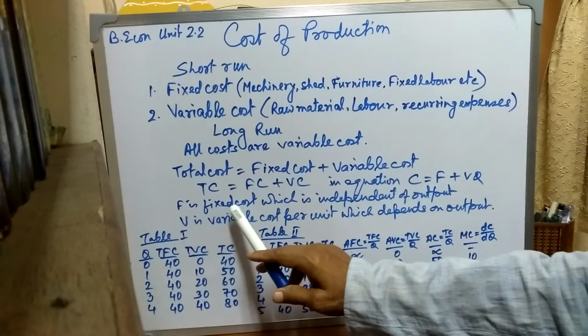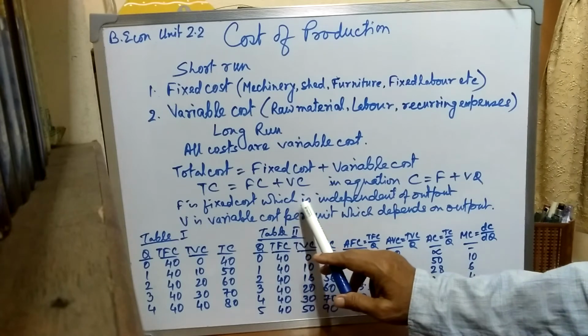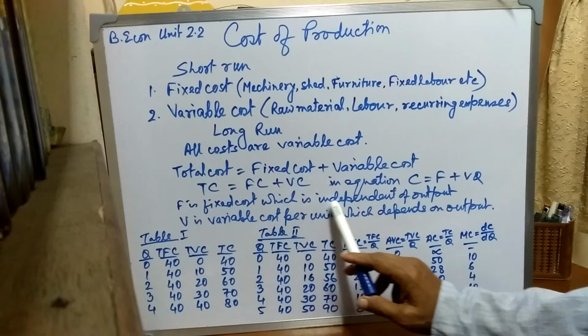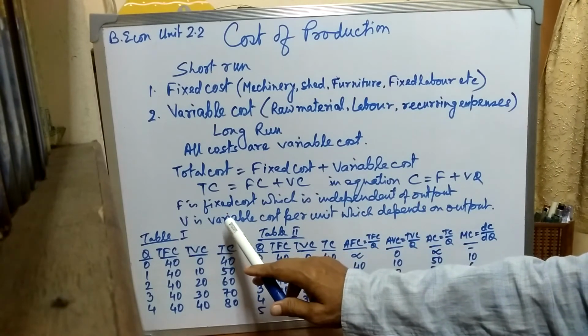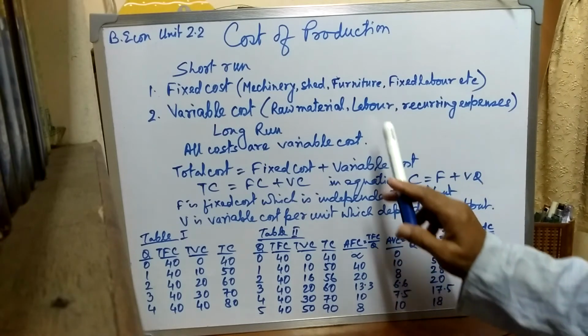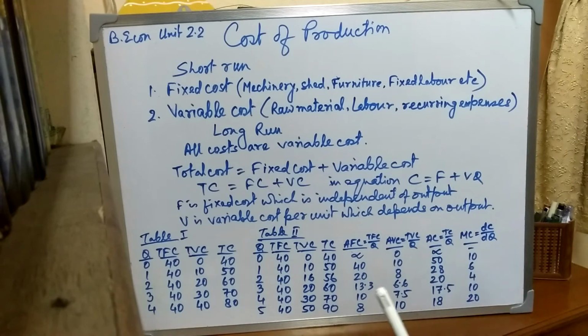Fixed cost does not depend on output. All those costs should be incurred in the initial stages of production, and in that case there will be no production. So fixed cost is independent of output. But variable cost is related with variables, all the raw materials, labor, etc. So it depends on output level.